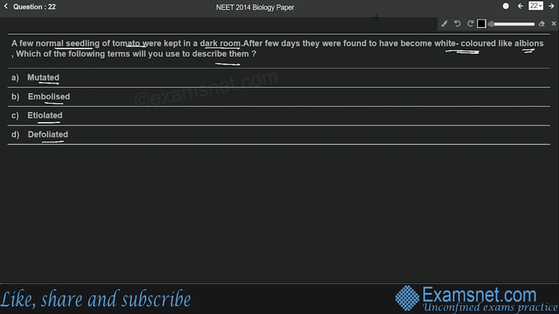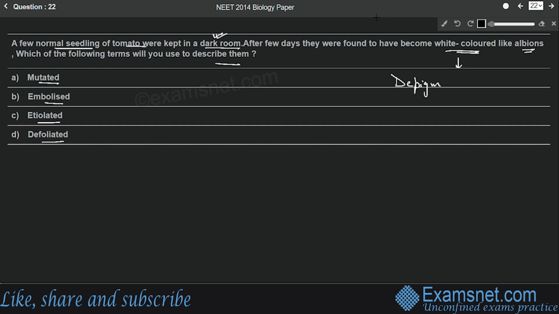Okay, so basically what happened after the seedling of tomato was kept in the dark room, it became white color. That means it got decolorized. Okay, so we can say that depigmentation took place.